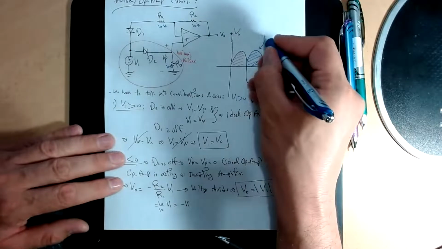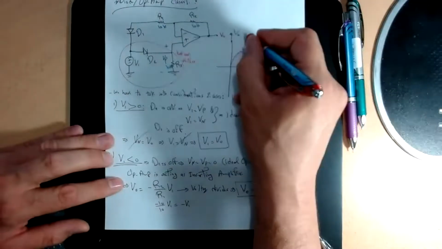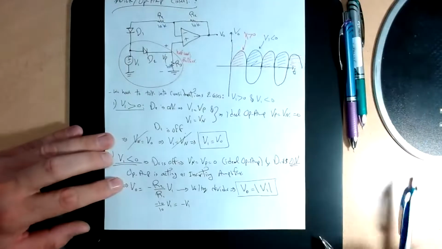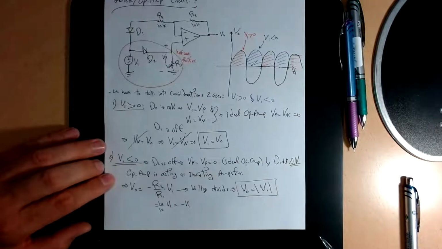So this is when V1 is less than 0. This is when V1 is greater than 0. This is how a diode circuit with an op-amp rectifies the input-output waveform.